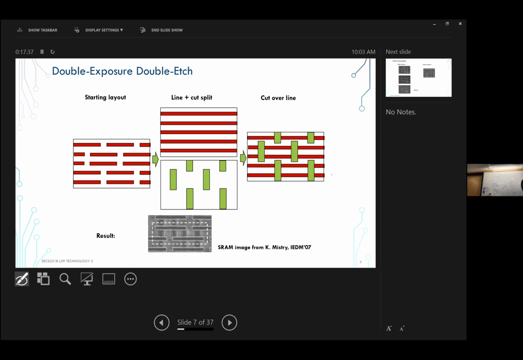They don't like drawing things that designers prefer, like transistors. So they draw straight lines and cut them. Putting those two things together, you get the rest of the layout.